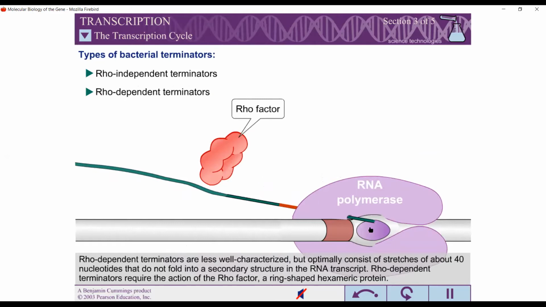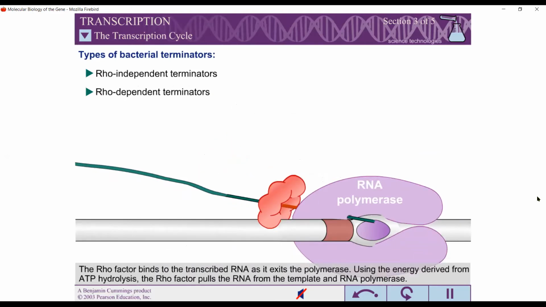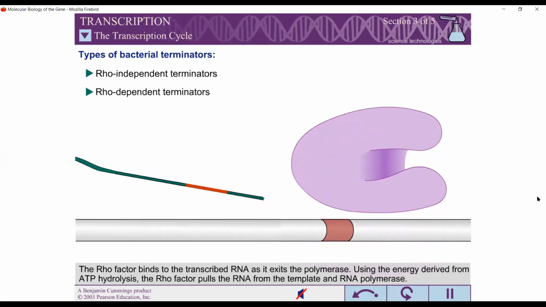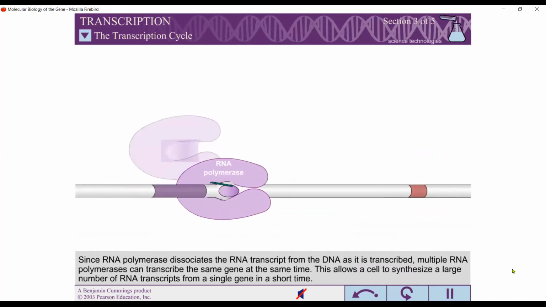The rho factor binds, and the rho factor facilitates, in an ATP-mediated manner, the dissociation of the polymerase from the DNA, and being a helicase in nature, it unwinds the RNA from the DNA. So this, in a nutshell, is what is being done in the case of transcription.